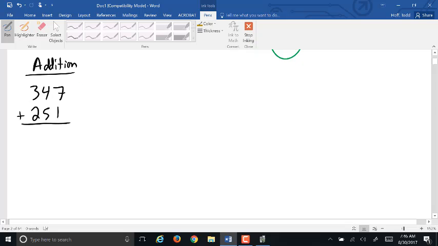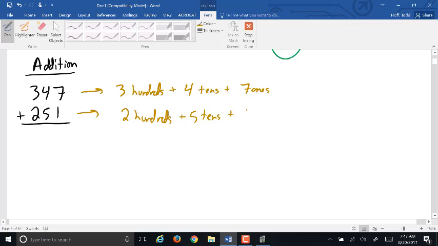As we mentioned, 347 is really 3 100s and 4 10s and 7 1s. 251 is really 2 100s and 5 10s and 1 1.